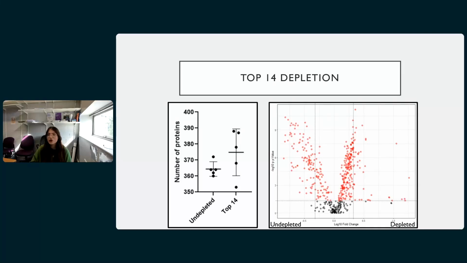So I have touched on issues with ion suppression throughout this talk, and that kind of leads us to the conclusion that we want to get rid of some of the highly abundant proteins present in our dry blood samples.